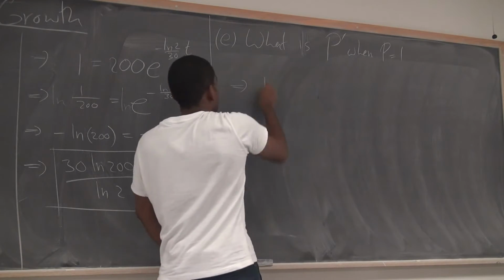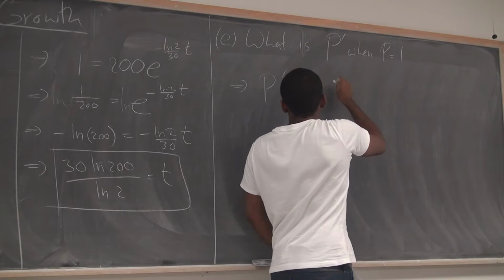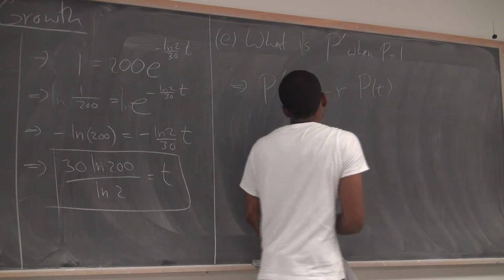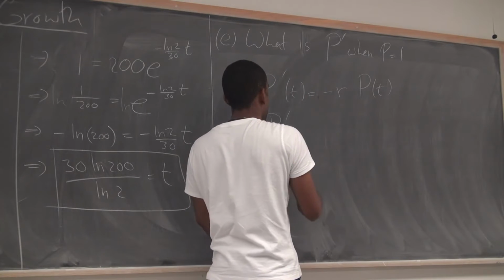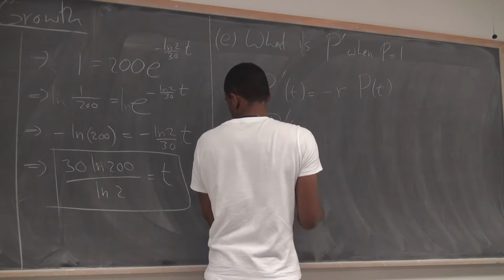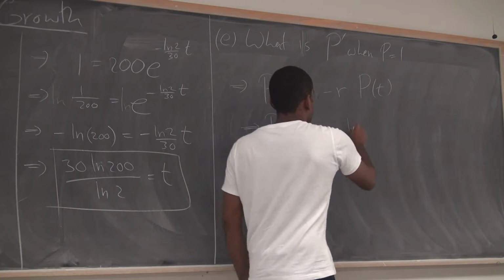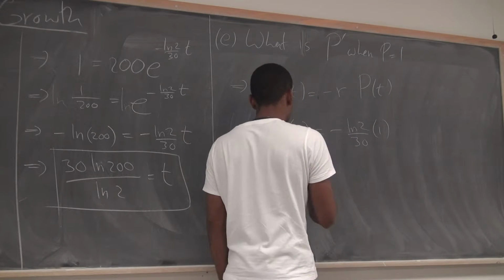So I know that P prime is equal to minus r times P of t. This means the growth rate at that time is minus ln 2 over 30 times 1. So that's the growth rate.